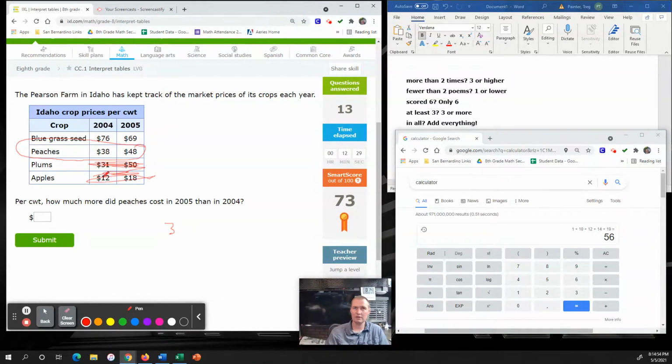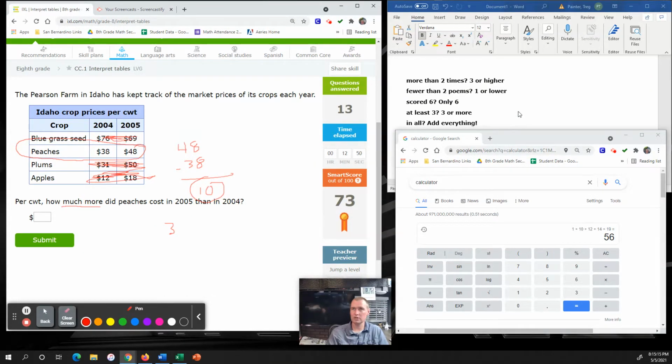We don't care about any of this other stuff. So we eliminated a bunch of information. Now, because we're looking at how much more, we're going to subtract 48 minus 38. And that should give us a number of 10.